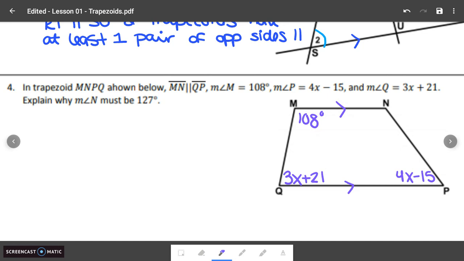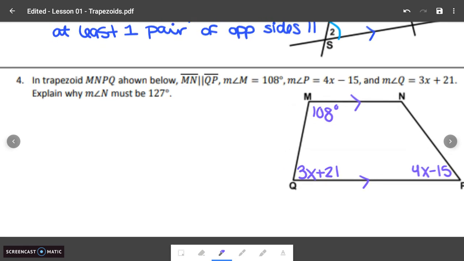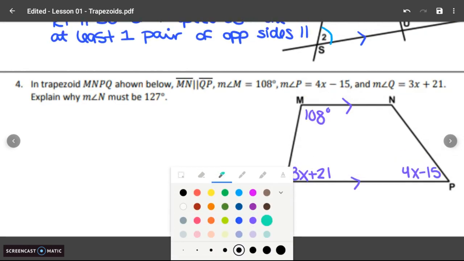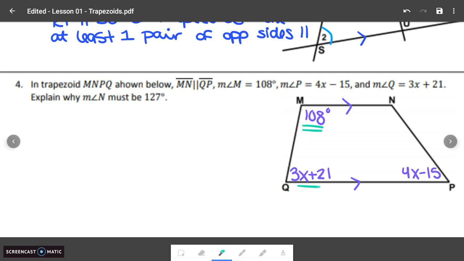And we want to show why we know that N must be 127 degrees. So first thing we know is that these two angles are supplementary because they're in between those parallel lines. So we have 3x plus 21 plus 108 equal to 180.